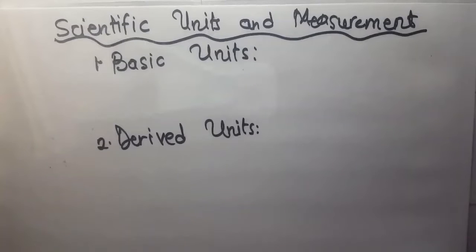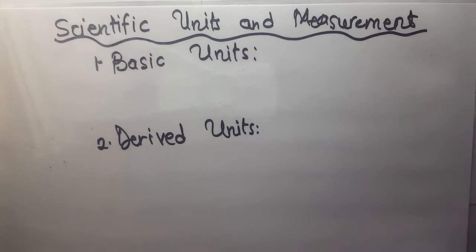So you are welcome to my first lesson, and in this first lesson we are going to look at scientific units and measurements. Any calculation you are doing in science, you need these two units: basic units and then derived units. Basic units are units from which other units are derived.